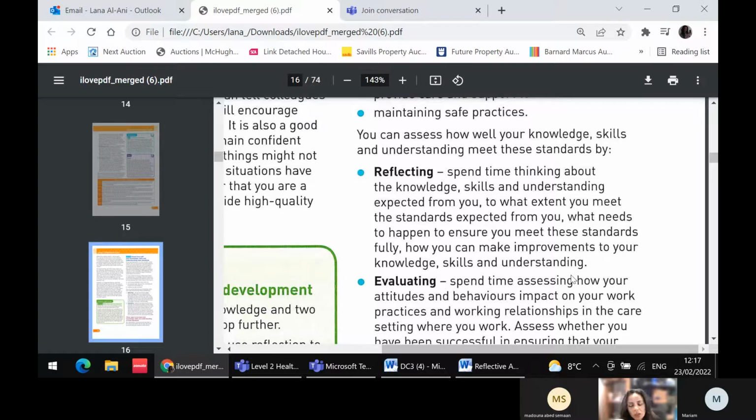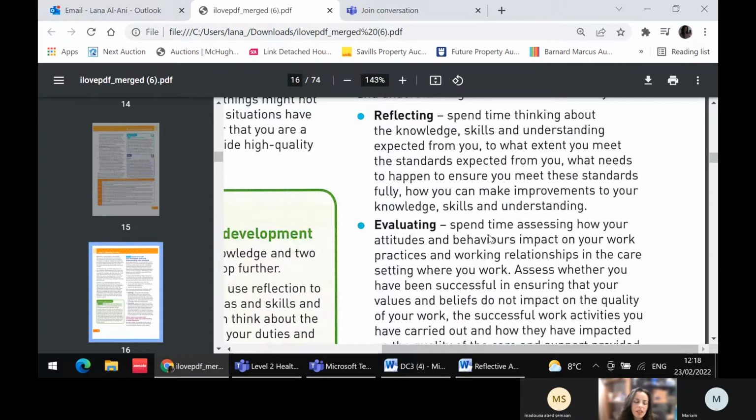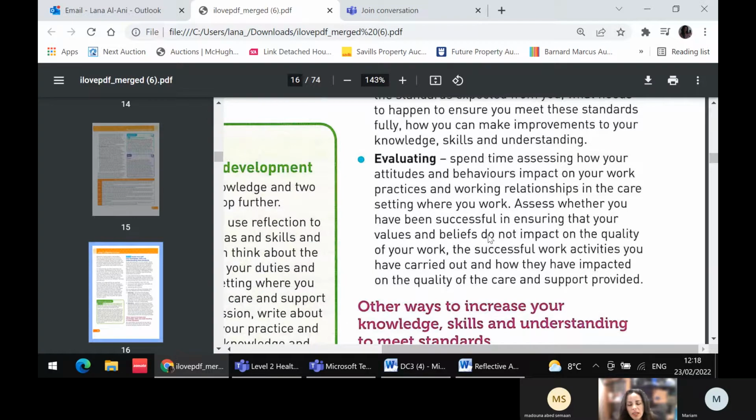So first of all, you reflect on your own practice, and after that I evaluate my work. So I spend time assessing my attitude, my behavior, what went wrong, and how I can deal with it and handle it better next time.